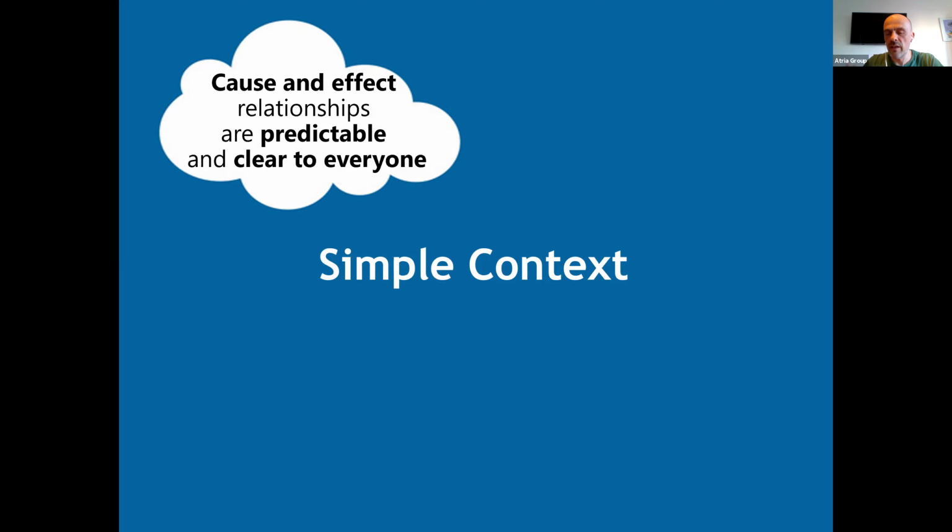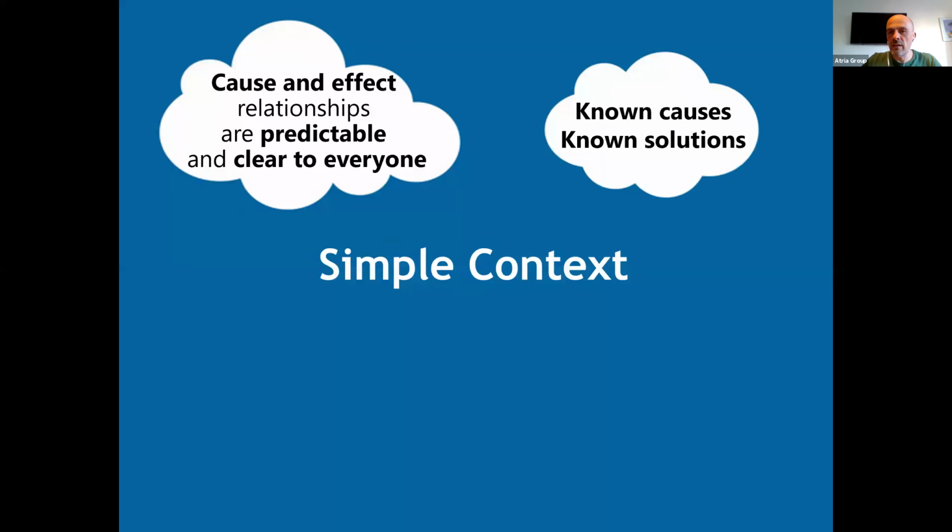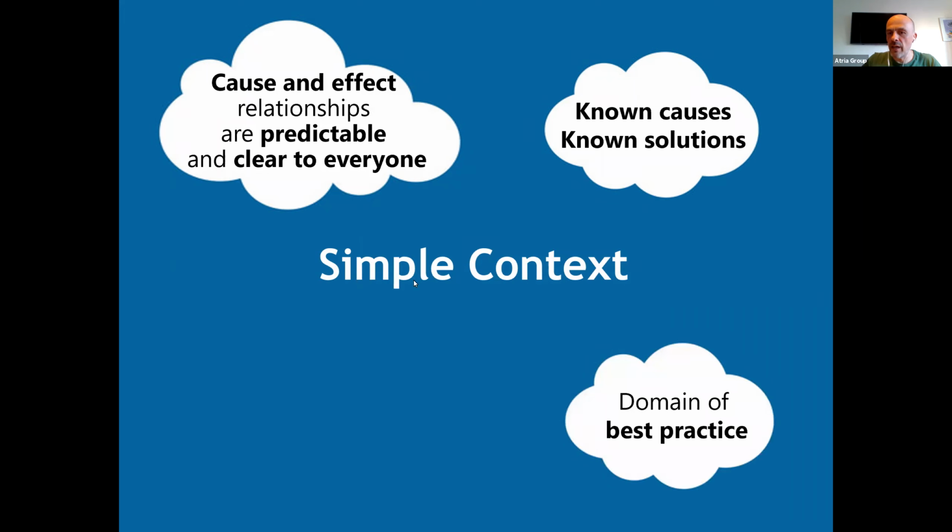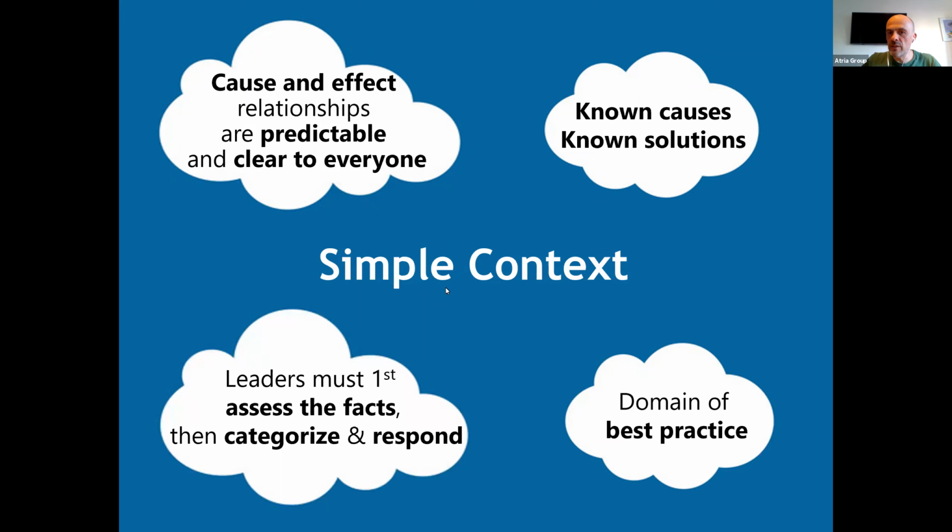It's really clear. If A, then B. It's always like that. A known cause implies a known solution. This is the area of best practice. And in this area, what leaders need to do is assess facts, categorize, and respond.